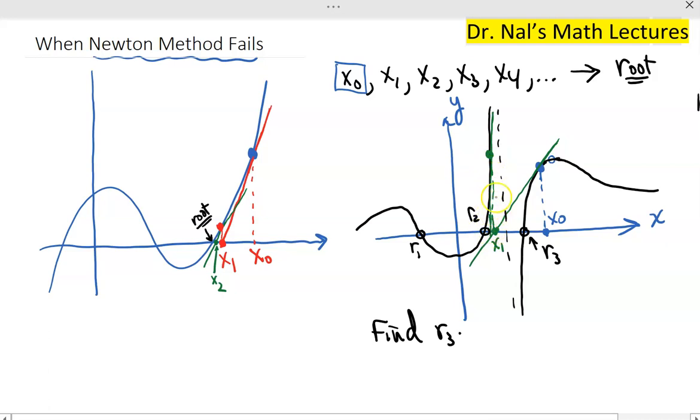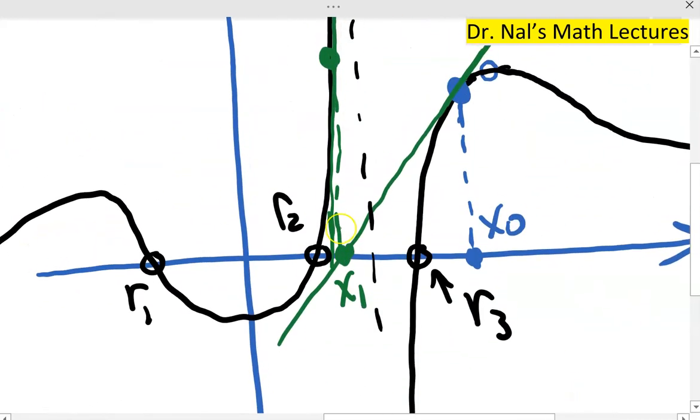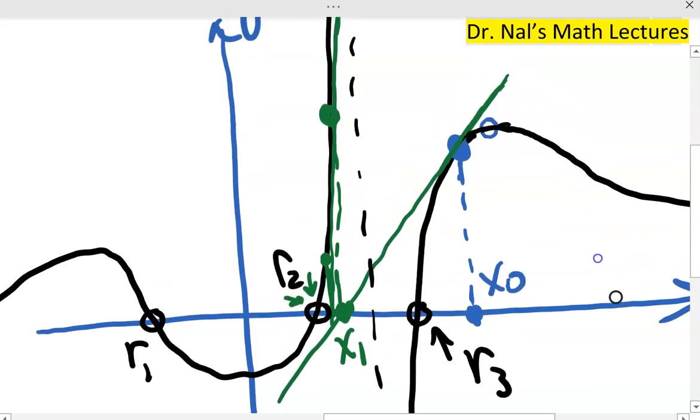If we repeatedly apply this, let me augment it a little bit, it's hard to visualize what's going on. The tangent line hits somewhere there. We evaluate the function again and draw, so we will ultimately approximate R2. So even though you started with a point which was fairly close to R3, somehow the tangent line approximation gave you the R2 point.